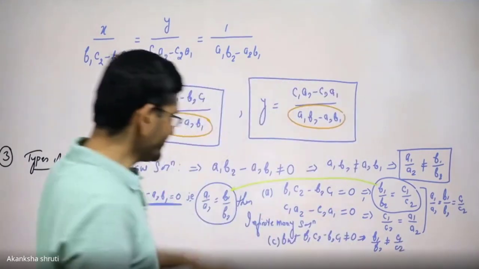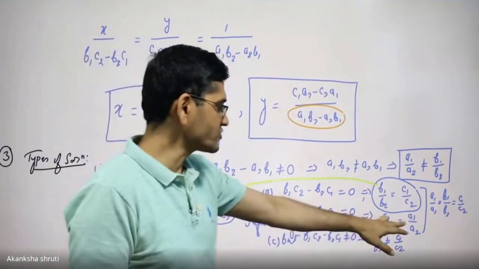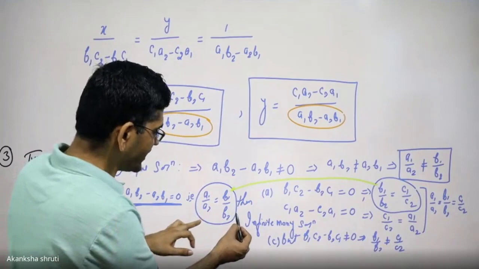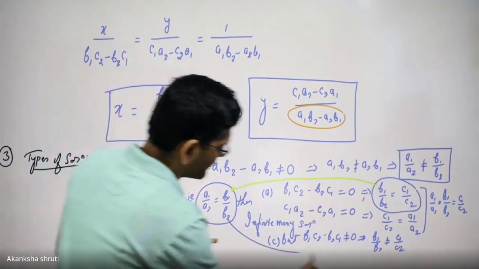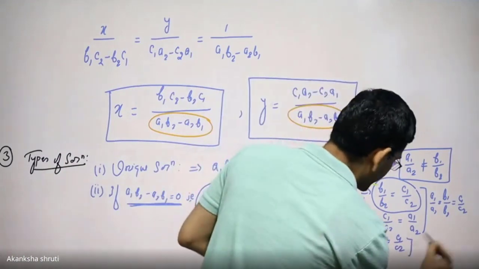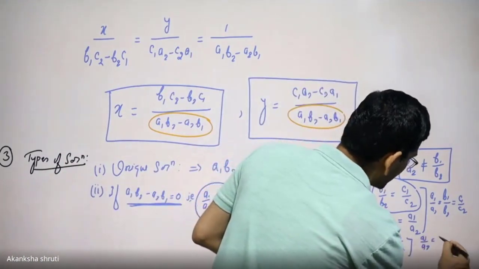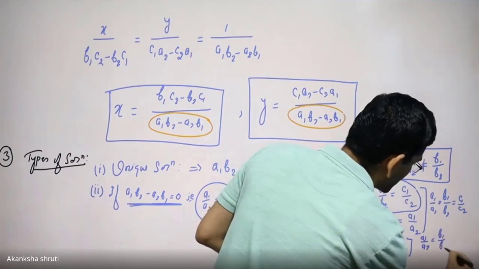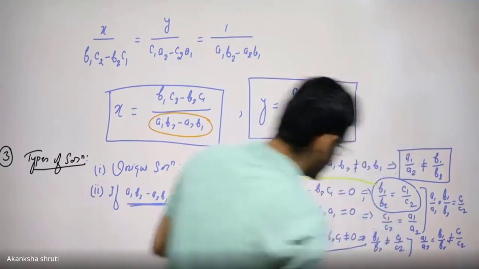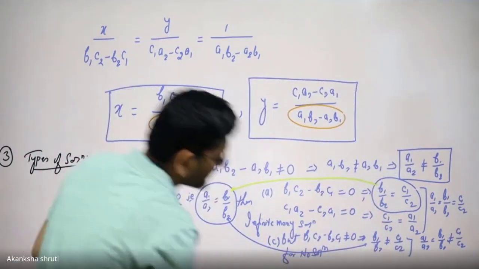Or even if we take the second numerator as not equal to 0, we still get the same result. Again, combining this with this one, we get that A1 by A2 is equal to B1 by B2 is not equal to C1 by C2. So this is the situation for no solution.